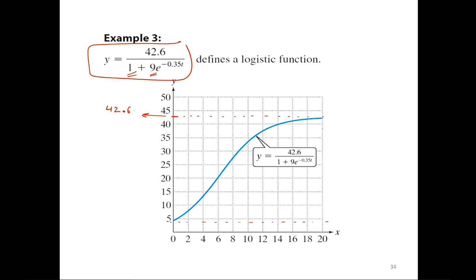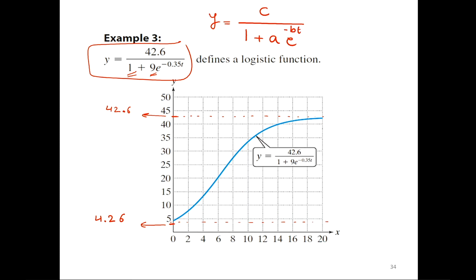So this is the function in the formula c over 1 plus a e to the power minus bt.